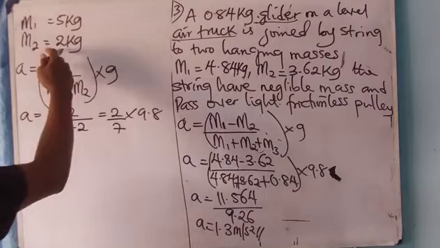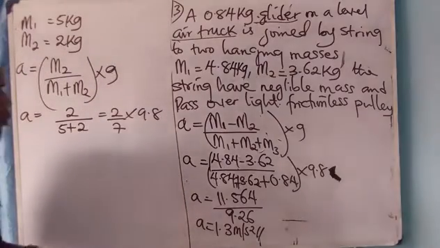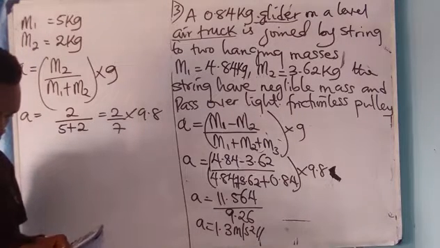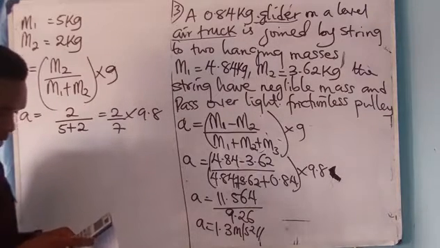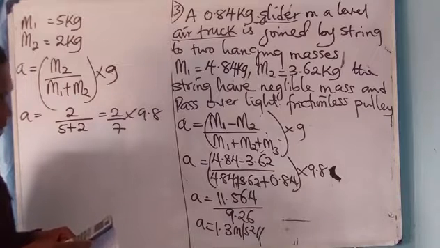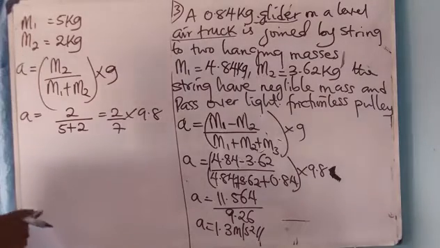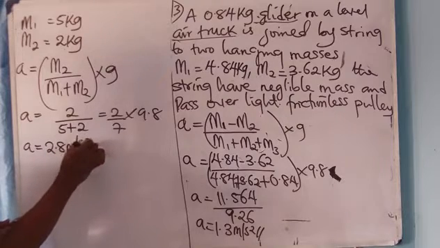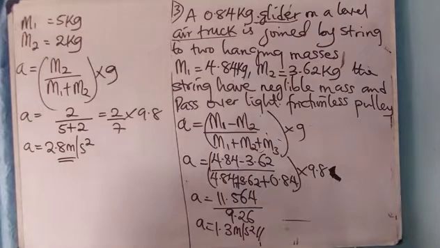So 9.8 times 2 equals 19.6. So 19.6 divided by 7 equals 2.8. So the acceleration now is 2.8 meter per second squared.